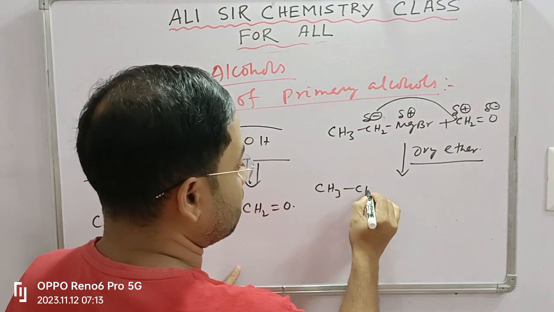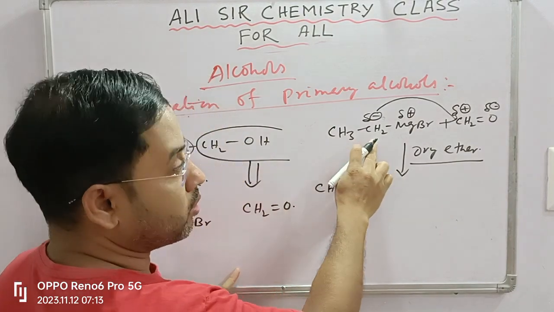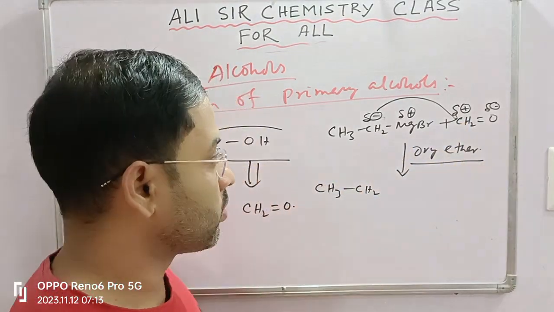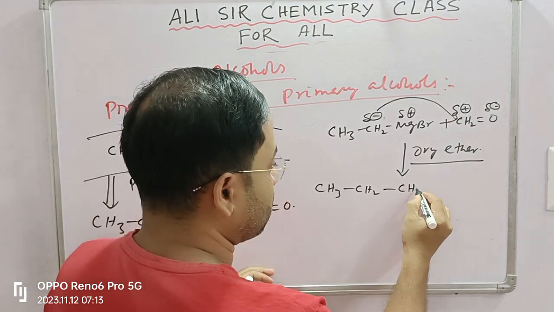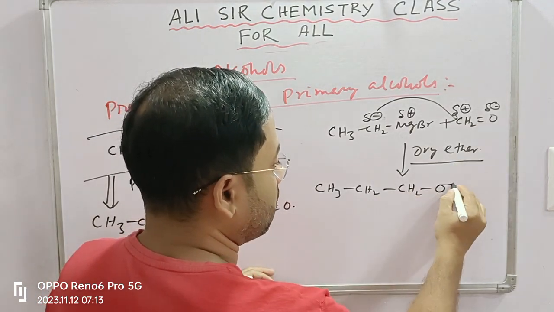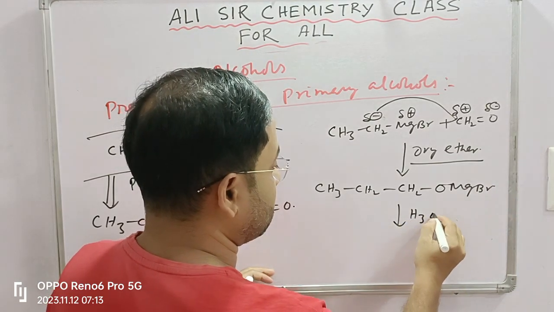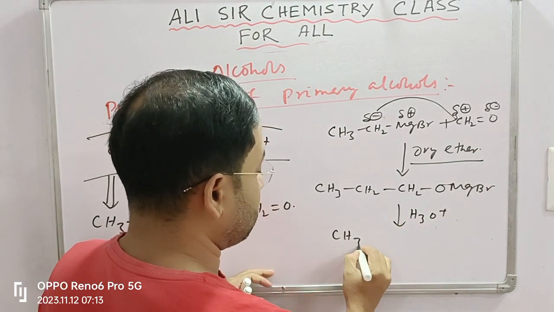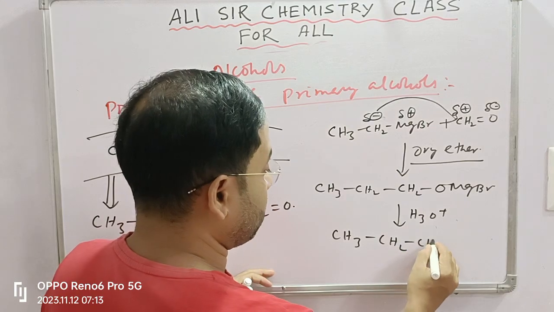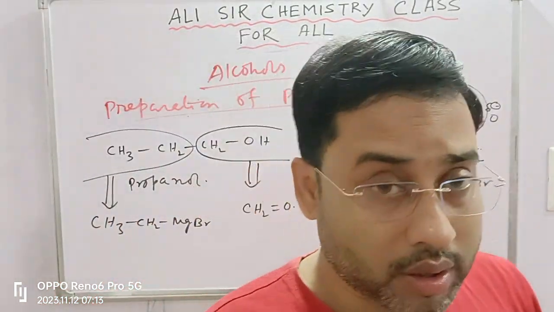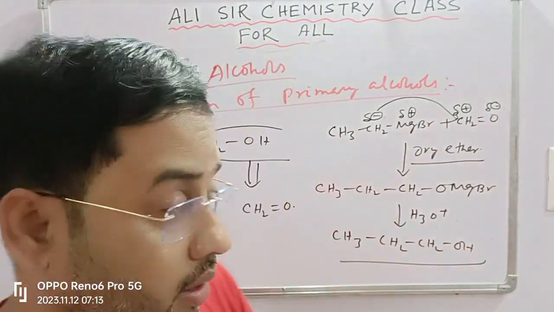CH3CH2, and then this CH2 attached with this carbon atom, so it is also CH2 and it will become OMgBr here. And after acidification, we will get our desired alcohol, which is propanol. So this is the simple way to prepare propanol.